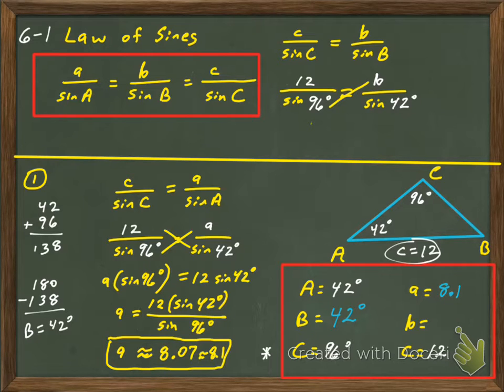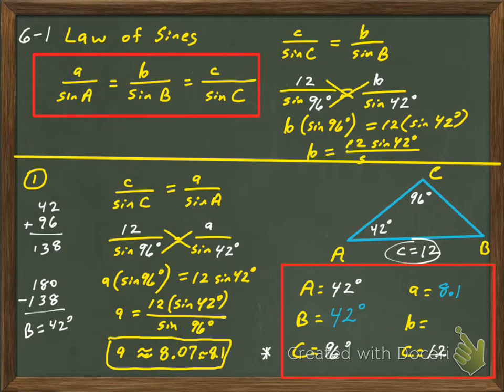Again, cross multiplying when fractions are equal to each other. B times the sine of 96 degrees is equal to 12 times the sine of 42 degrees. Then opposite of multiplying would be to divide, so I have 12 times the sine of 42 degrees divided by the sine of 96 degrees.